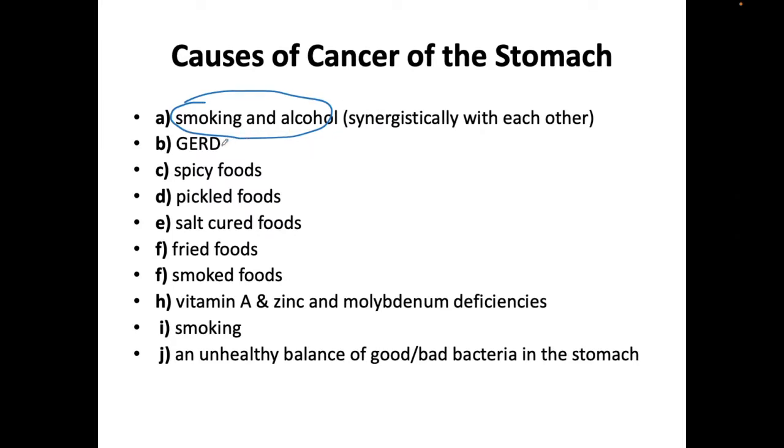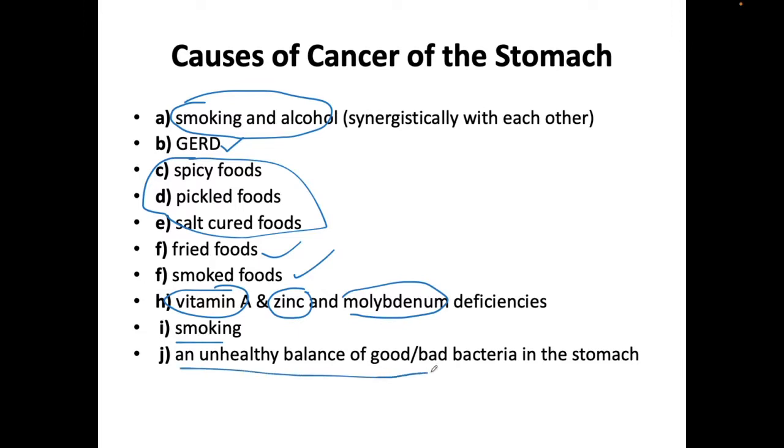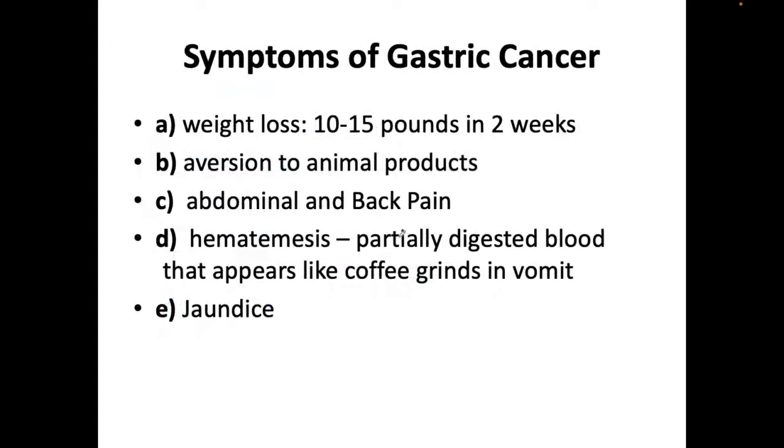Also chronic gastroesophageal reflux disease, spicy foods, pickled foods, salt cured foods, fried foods, smoked foods, deficiency in certain minerals like zinc and molybdenum and vitamin A, and an unhealthy balance of good and bad bacteria. So getting dysbiosis can be a major cause.